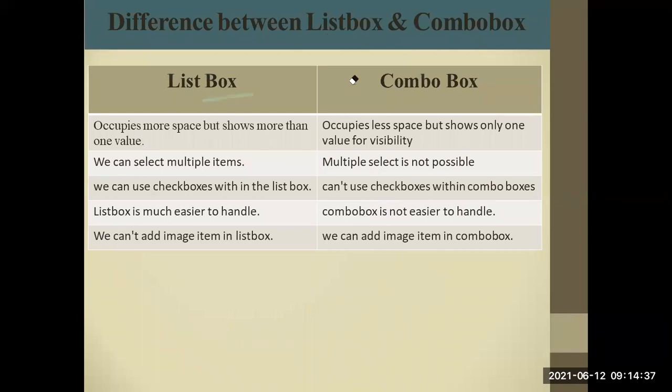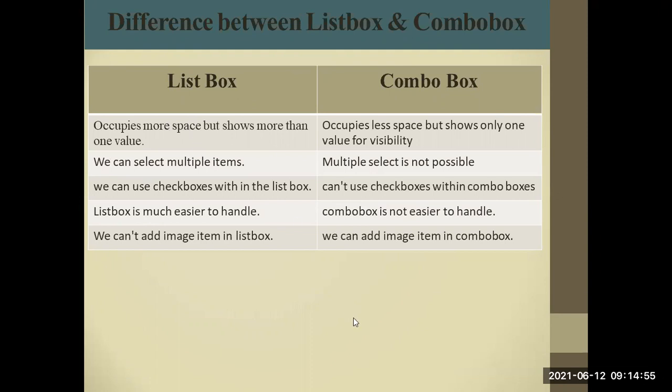Sometimes they ask this question: what is the difference between a list box and a combo box? Fine, so let us understand the difference between these two. A list box occupies more space but shows more than one value.